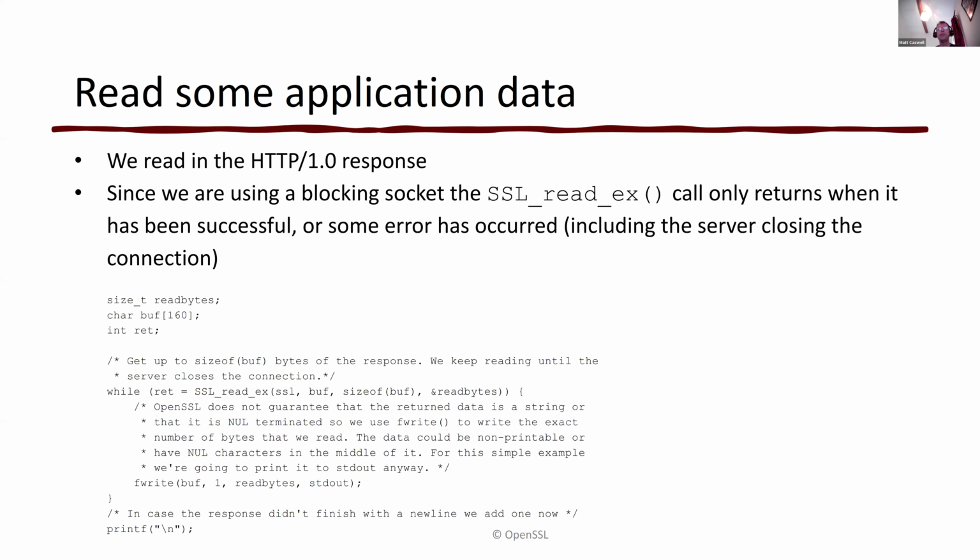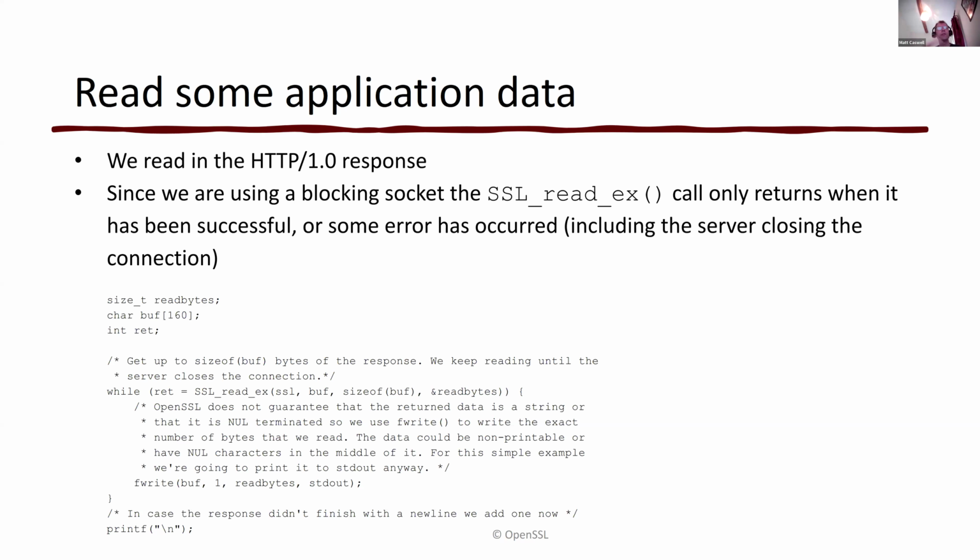We don't actually know how much data we're expecting here. So in this example, I've put it in a while loop. We're just going to keep looping until an error actually occurs. A valid error can be the server closing the connection, and that's actually normal in the case of HTTP 1.0. Once the server has finished sending its data, it just closes the connection.